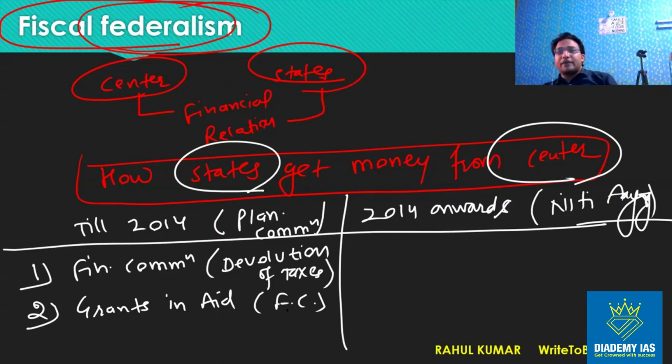The Finance Commission primarily recommends two aspects. One, the devolution of the taxes. Two, the major principles about how the different grants in aid can be given by the center to the state. Right?